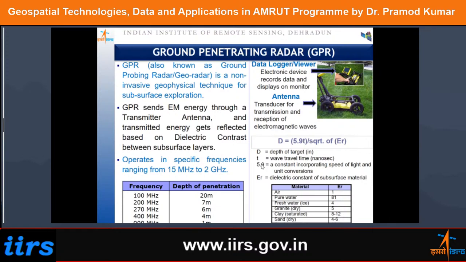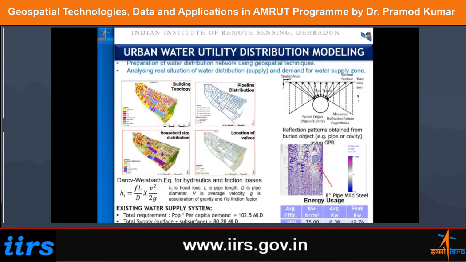For example, as per the CPHEEO guidelines, whether it is 135 LPCD or 150 LPCD multiplied by the population, the total demand is calculated and the facilities augmentation happens. But this does not take into account the hydraulic properties, the gradient, etc.